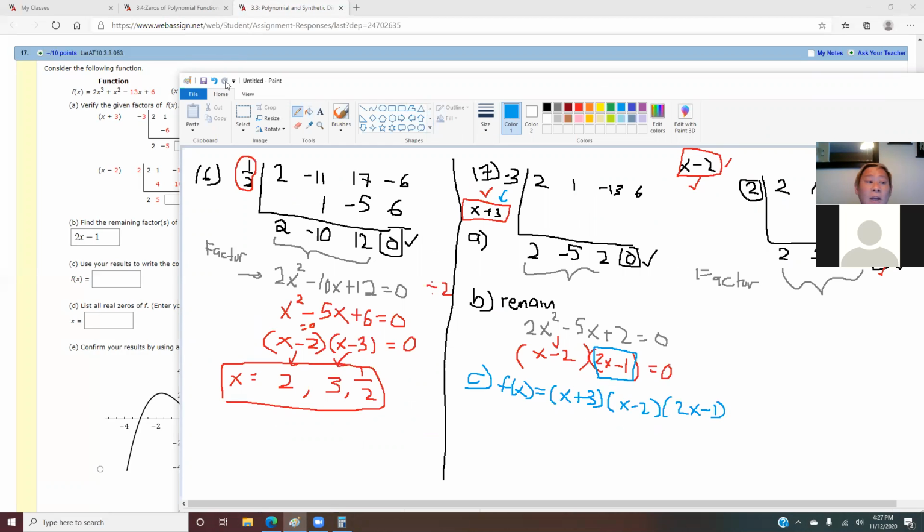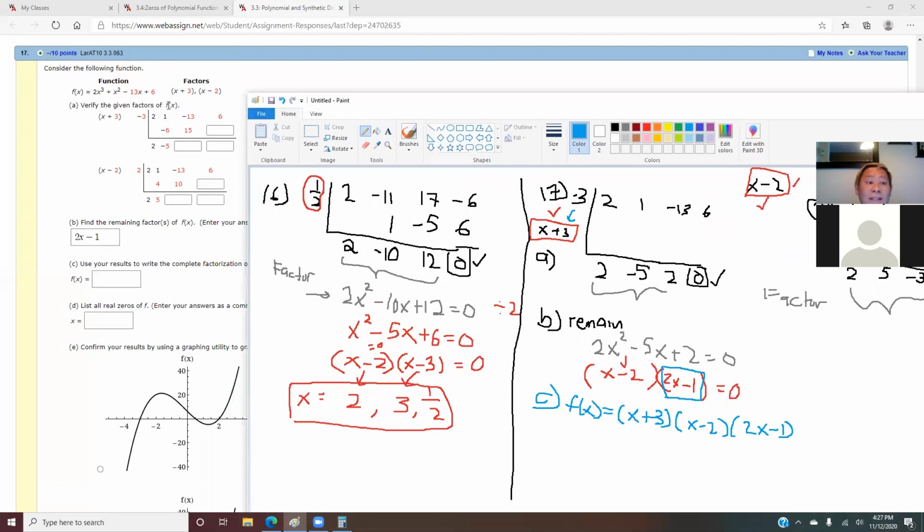So if they give you these 2 factors and this is the remaining factor, and I want you to write this in a complete factorization form, you just take this one and those 2 and combine, that's it. That's what we call complete factorization form. You okay? And then you have to give me your zeros. Zeros are easy because you just solve for this.